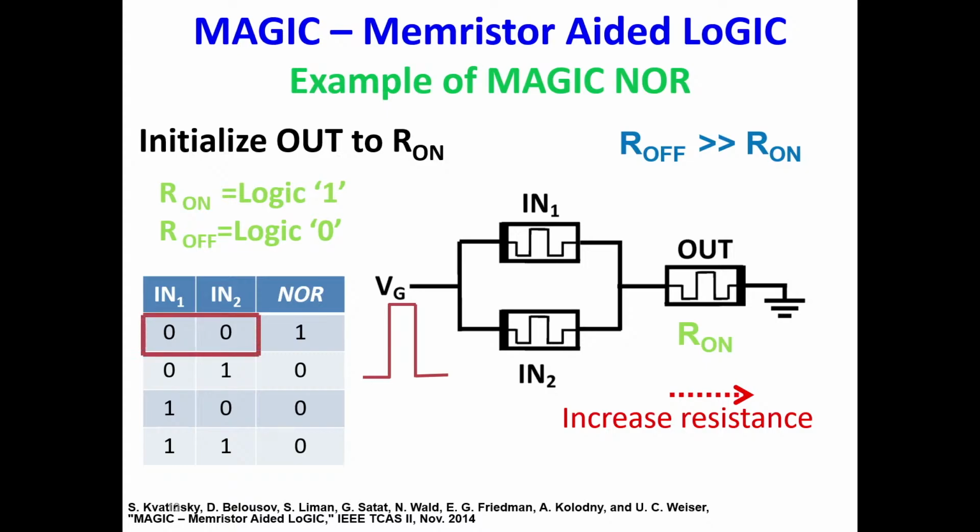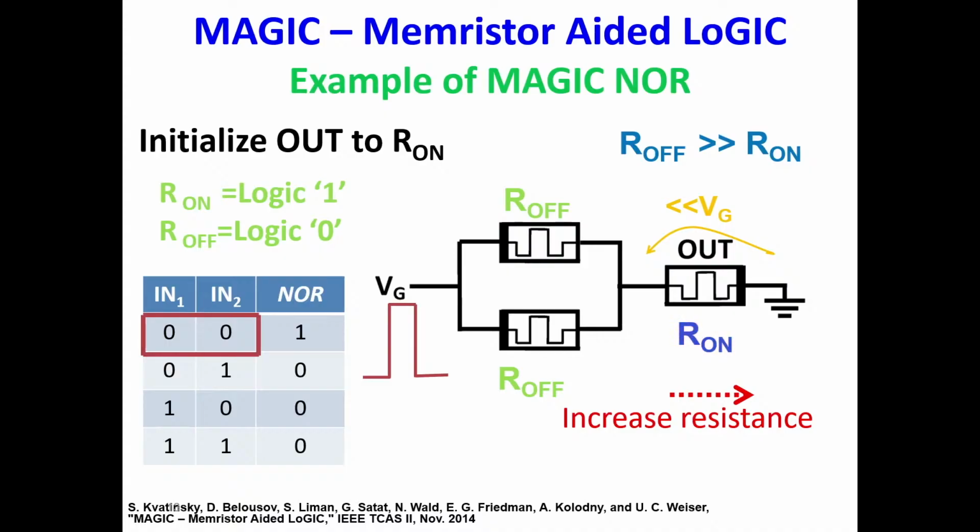If both inputs were 0 in the beginning, or in the high resistive state, most of the voltage will fall across them, because the voltage goes to the high resistors. Let's assume that the voltage at the output is almost 0, negligible. So it won't change anything, and it will stay at logical 1.